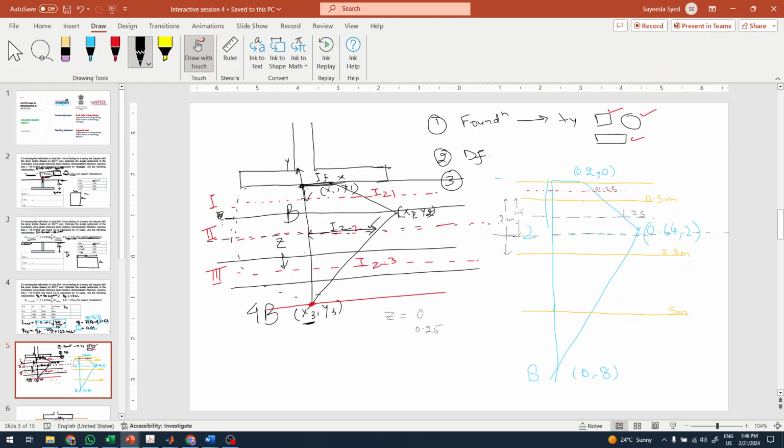This is 2, this is 0.5, this will be at 2.25. The center for this, this is 2.5, half of that, this will be at 3.75.